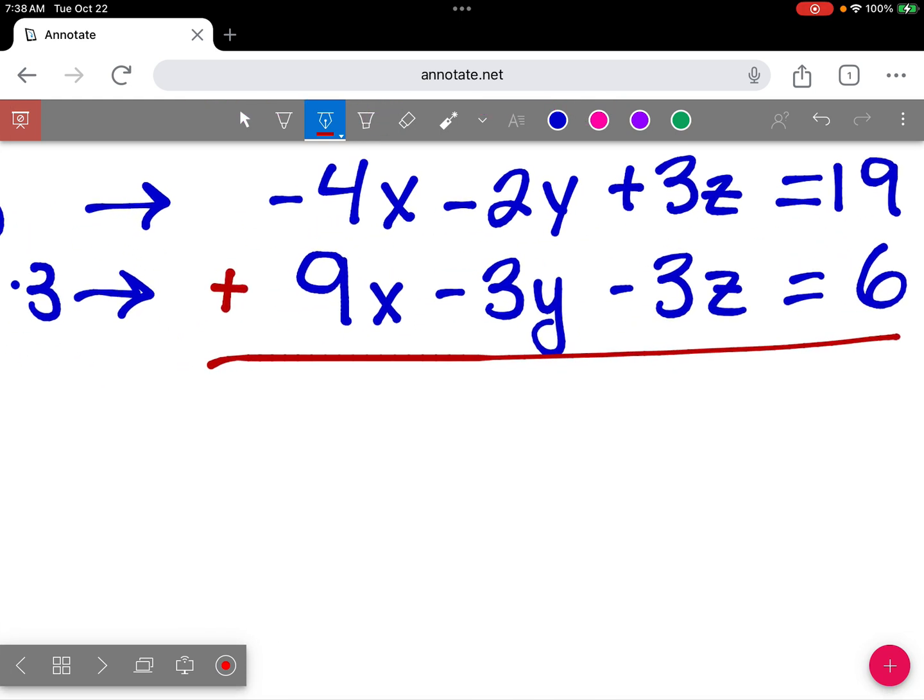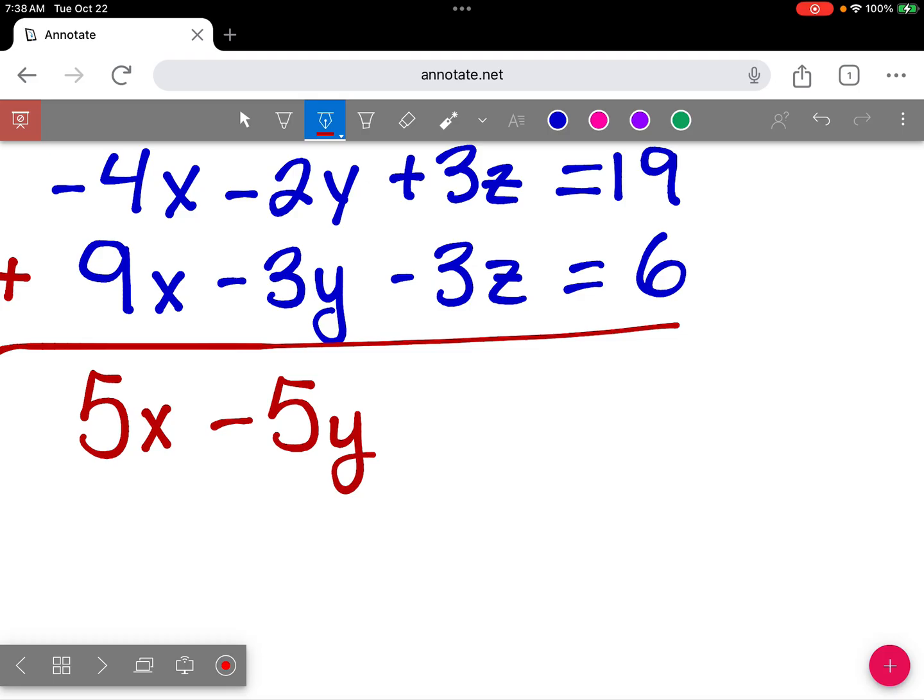On our bottom pair, I've got my minus 4x plus 9x. That's going to give us a 5x. Minus 2y plus minus 3y gives us minus 5y. 3z minus 3z, those cancel out.